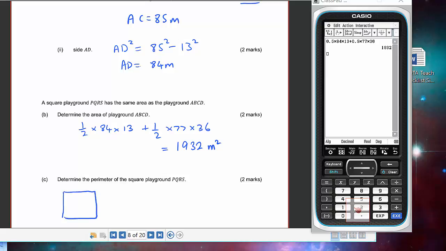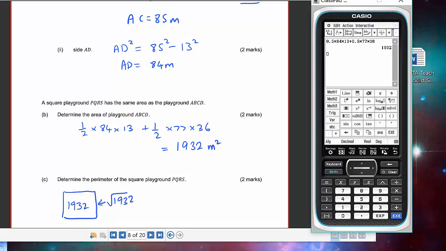Well, if it's a square and the area is 1932, then the side length here is the square root of 1932. So what we'll do is we'll just do the square root of 1932, which is 43.954, and so on.